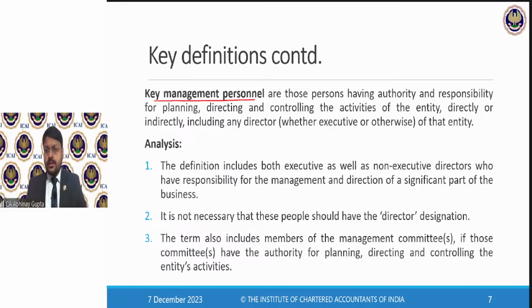It has to be run by a certain set of people. That certain set of people is regarded as key management personnel.